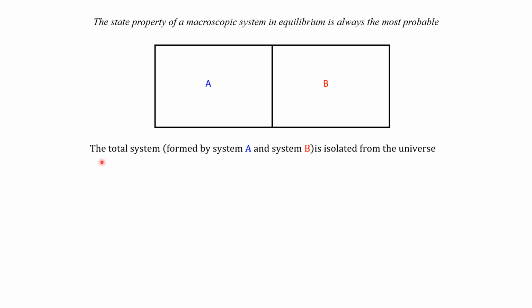The total system, A and B together, is isolated from the universe, but system A is in thermal contact with system B. When I say that the two systems are in thermal contact, I mean that they can exchange energy. But since the total system is isolated from the universe, they can exchange energy only between themselves. So A can exchange energy with B, but only with B, and B can exchange energy with A and only with A.